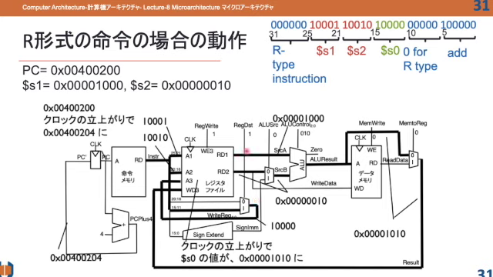In this case, the register destination is set to 1, that means A3 will get the bit sequence 15 to 11. Come here, the 15 to 11 is here, that means S0 is the destination register. So as the register destination is set to 1, the A3 will receive the bit sequence 15 to 11.